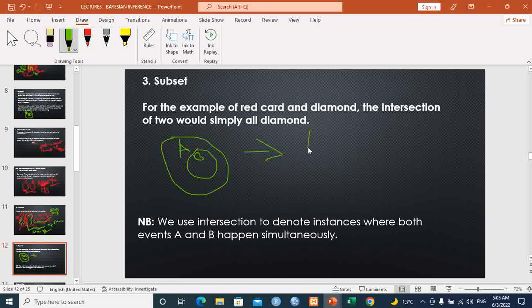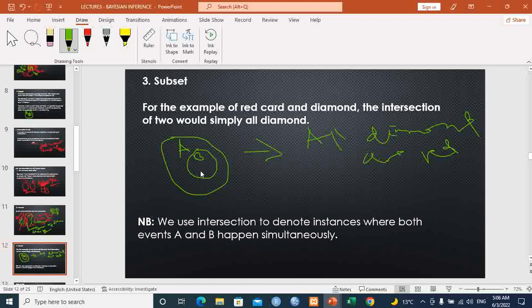Remember, all diamonds are red. So for you to have a diamond, you must have drawn a red card.